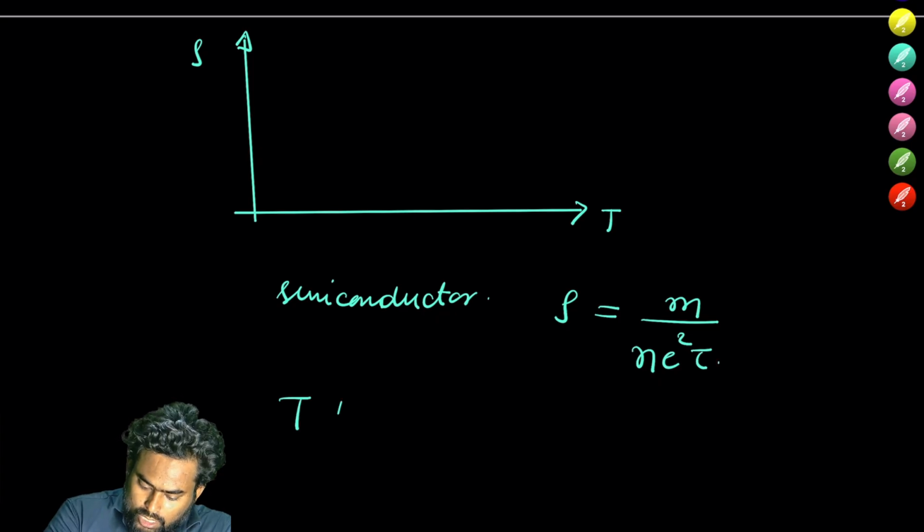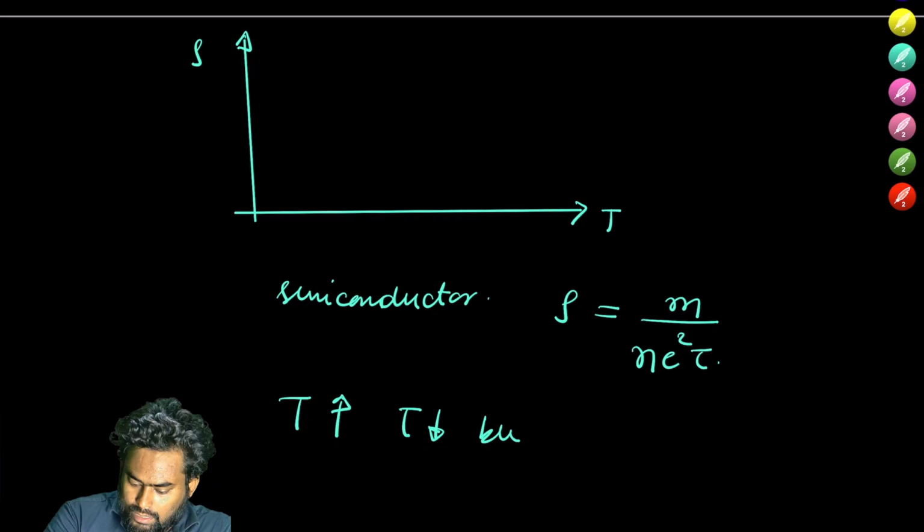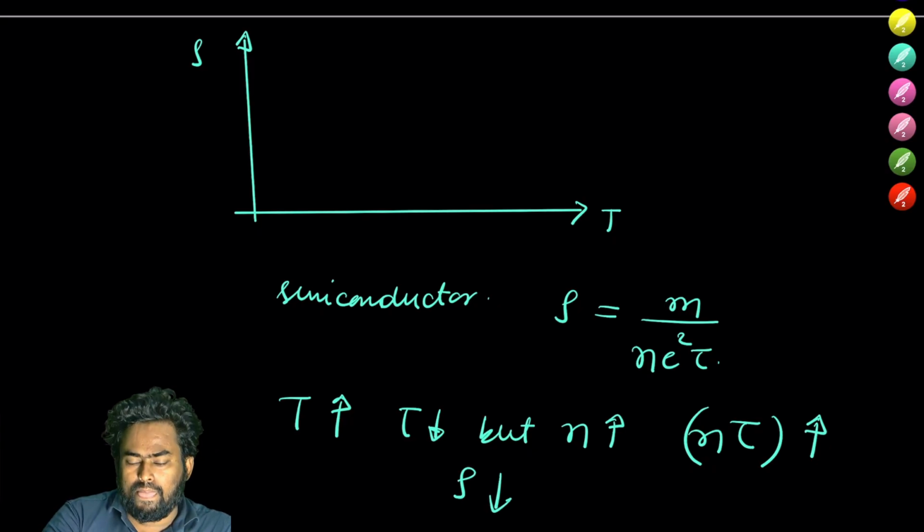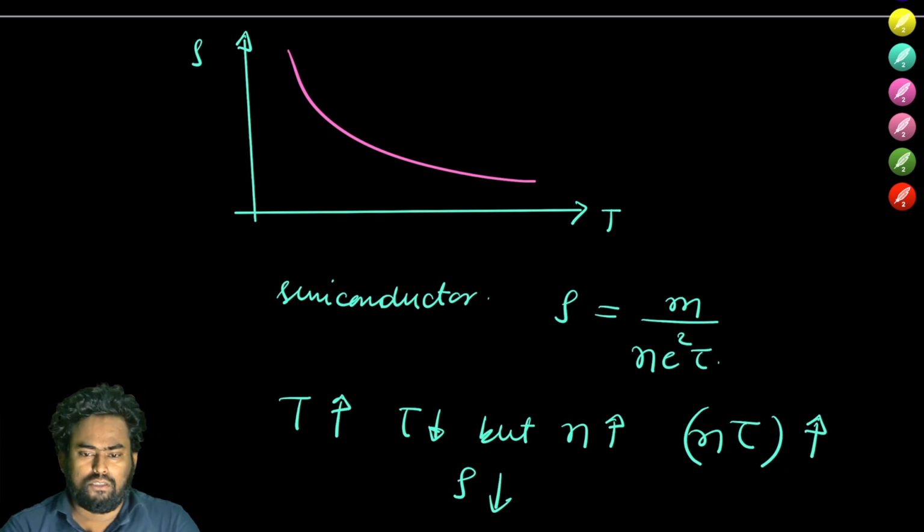When you increase the temperature, relaxation time decreases, but n increases. So n and tau together, the product increases, and resistivity overall will decrease. So for a semiconductor, when you increase the temperature, resistivity decreases. So these are the three important graphs of resistivity that you have to remember.